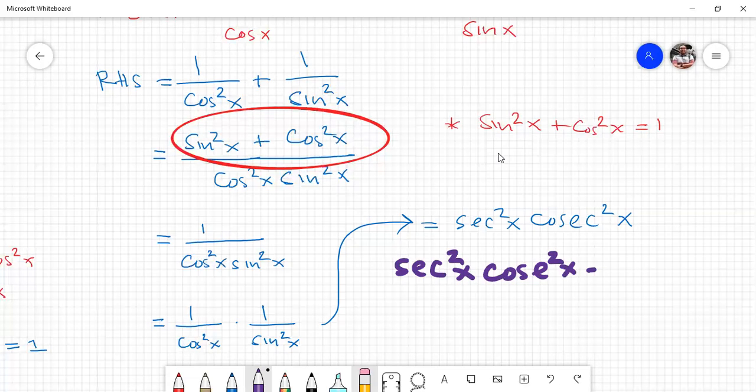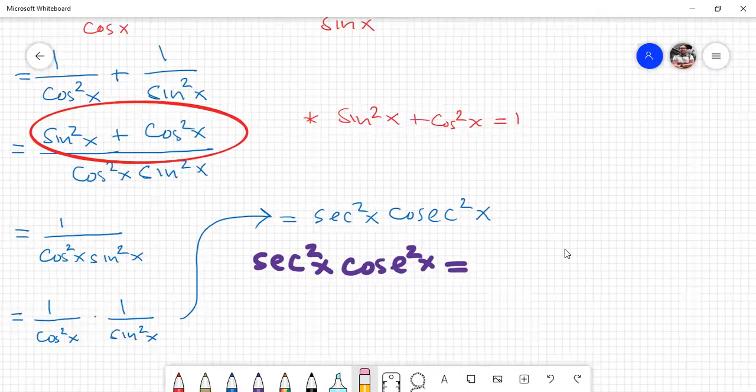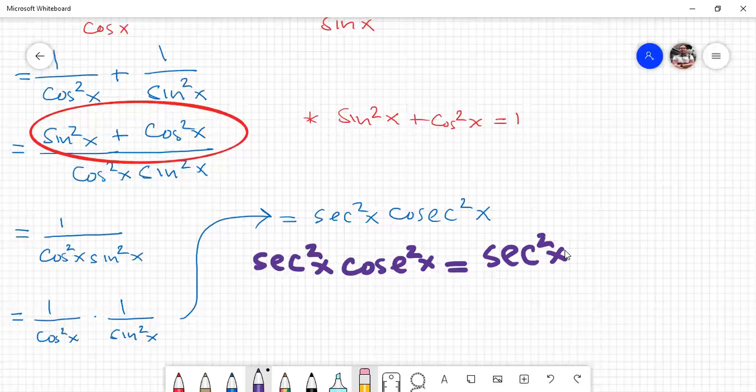Now, as you see, we have proven our trigonometric identity that secant square x times cosecant square x is actually, as you see in the question, secant square x plus cosecant square x.